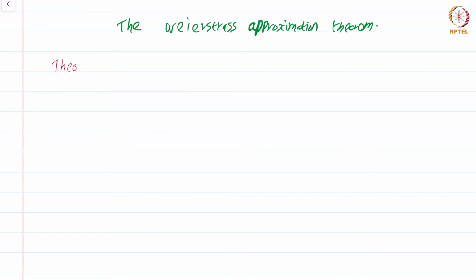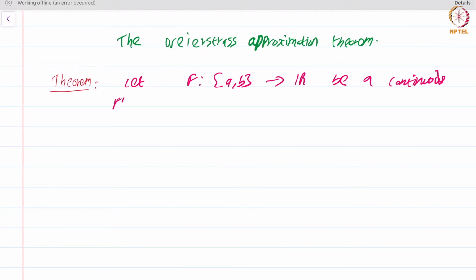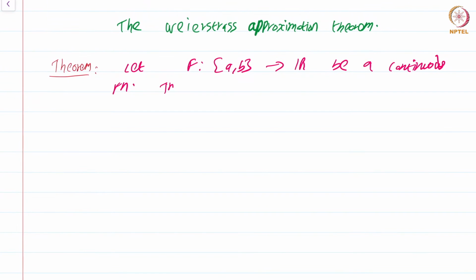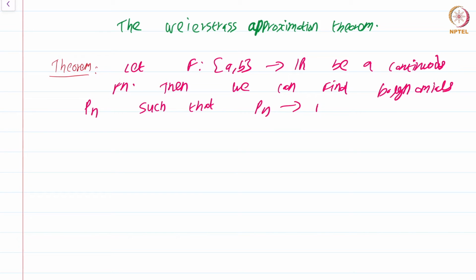Theorem, let f from closed interval [a, b] to R be a continuous function, then we can find polynomials Pn such that Pn converge to f uniformly on the closed interval [a, b].